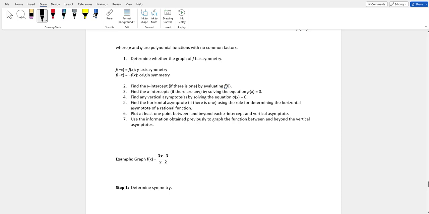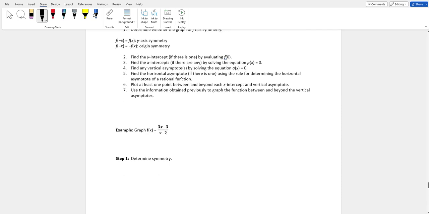If f of negative x is equal to f of x, it's symmetric about the y-axis. If f of negative x and negative f of x are equal, it's symmetric about the origin. You find the y-intercept by evaluating f of 0. You find the x-intercepts by taking the numerator p of x and setting it equal to 0. To find the vertical asymptotes, you set the denominator equal to 0.